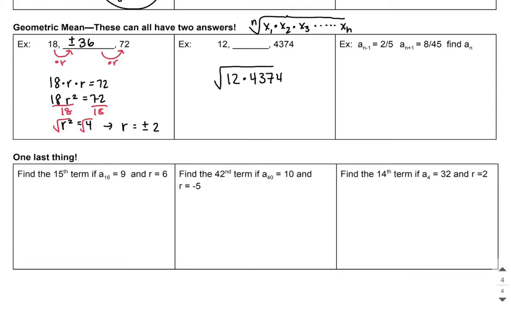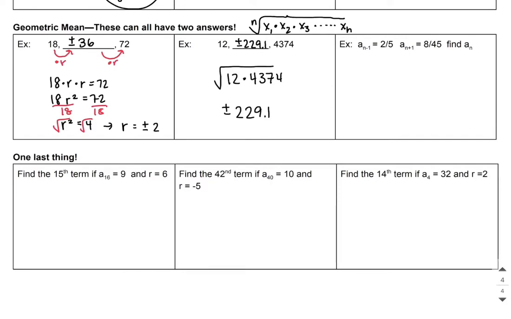And then I'm going to put that in my calculator and see what I get. When I do that, I'm going to get plus or minus, you have to always include the plus or minus if you're taking the square root, of about 229.1. So I could put positive 229.1 or negative 229.1.